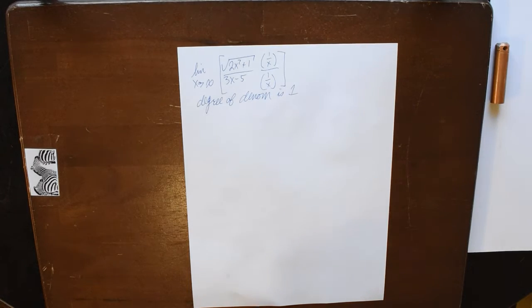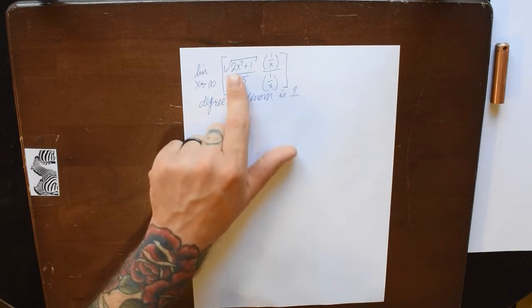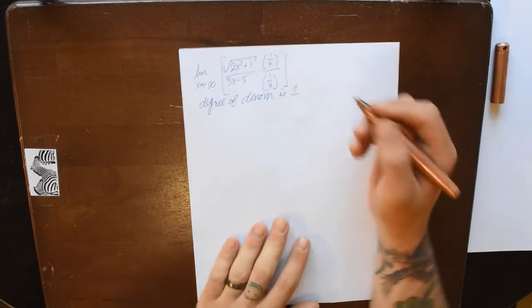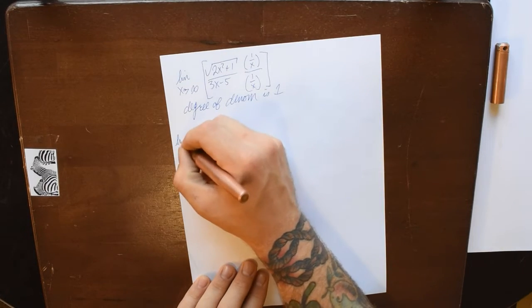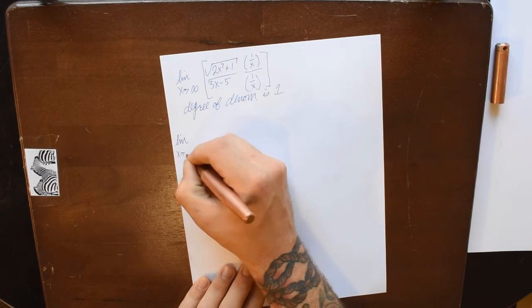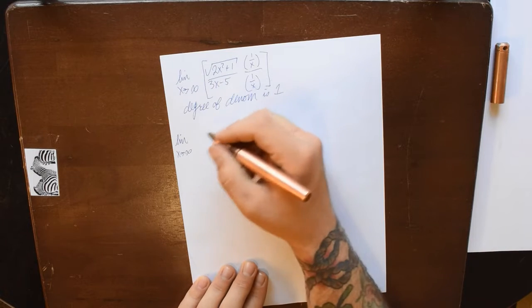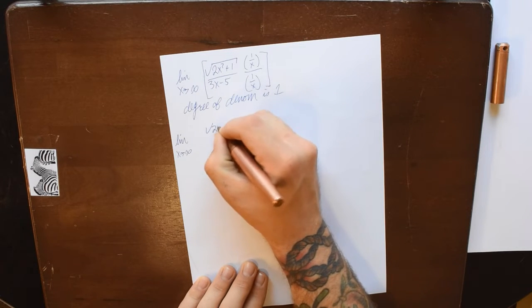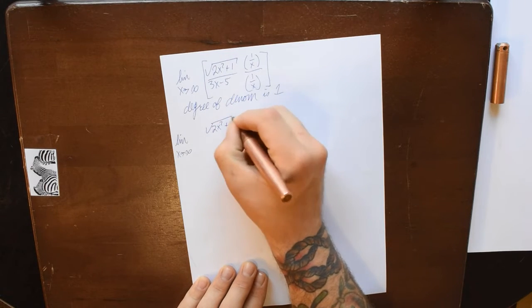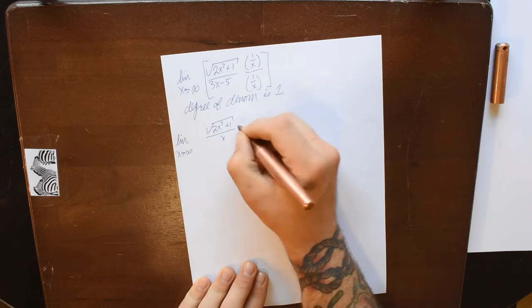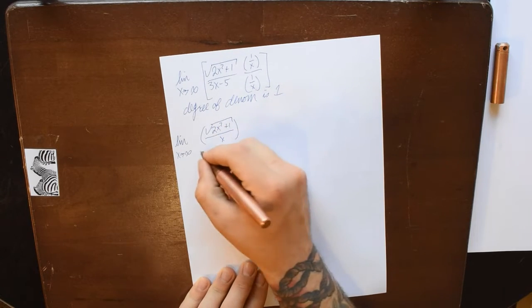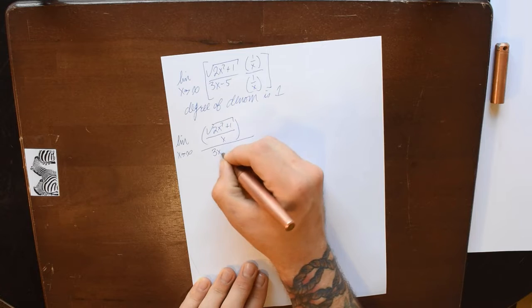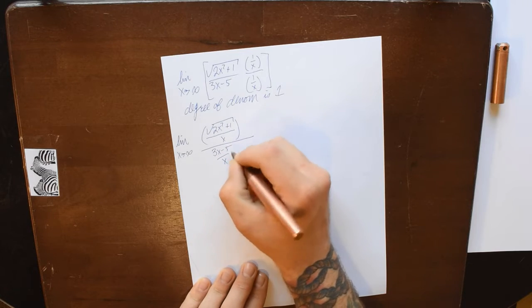Now, we've got to actually do this algebra. So this will be the limit as x approaches infinity of the square root of 2x squared plus 1 divided by an x, all over 3x minus 5 over an x.